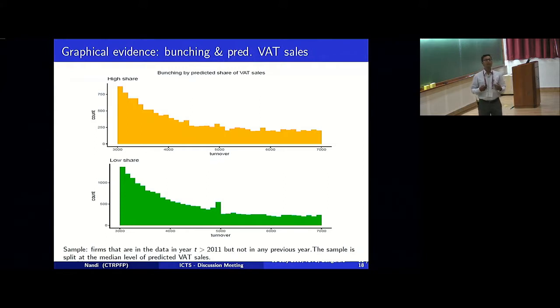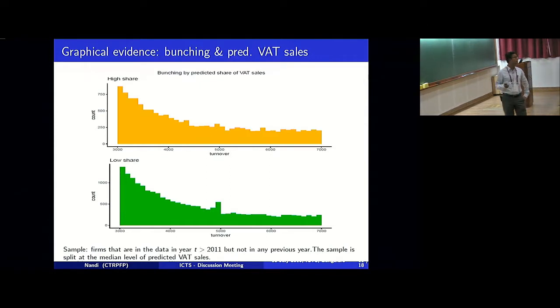If I see that I'm going to sell most of my goods to other VAT paying firms, I'll be somewhere here. So there's no significant incentive to do the bunching. But if I see that most of my sales are going to non-VAT firms, then I have less incentive to be in the VAT scheme. So I might be one of these guys here. So I would bunch just below the 50 lakh mark, not to be in the VAT scheme.